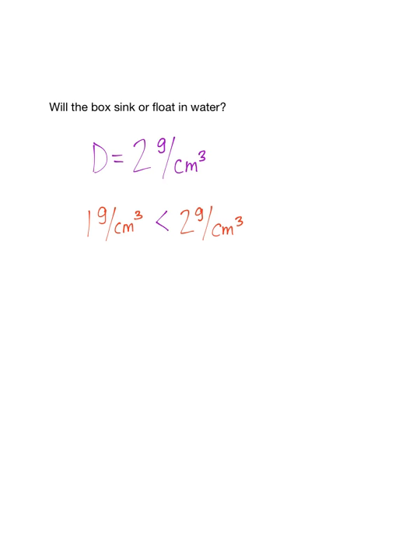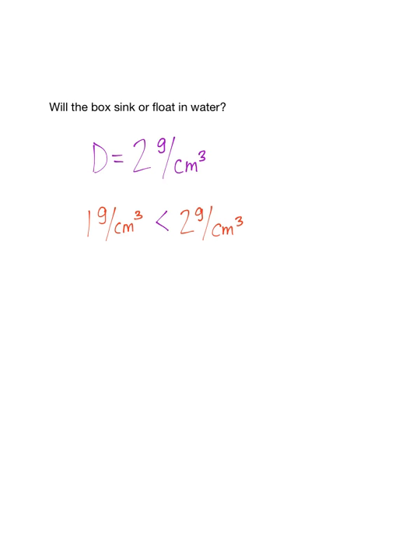You guys will have to memorize the density of water, which, don't worry, is super easy. It's 1 gram per centimeter cubed. So the density of water, 1 gram per centimeter cubed, compared to the density of our box, 2 grams per centimeters cubed. Hopefully you can figure out that 2 is much greater than 1.